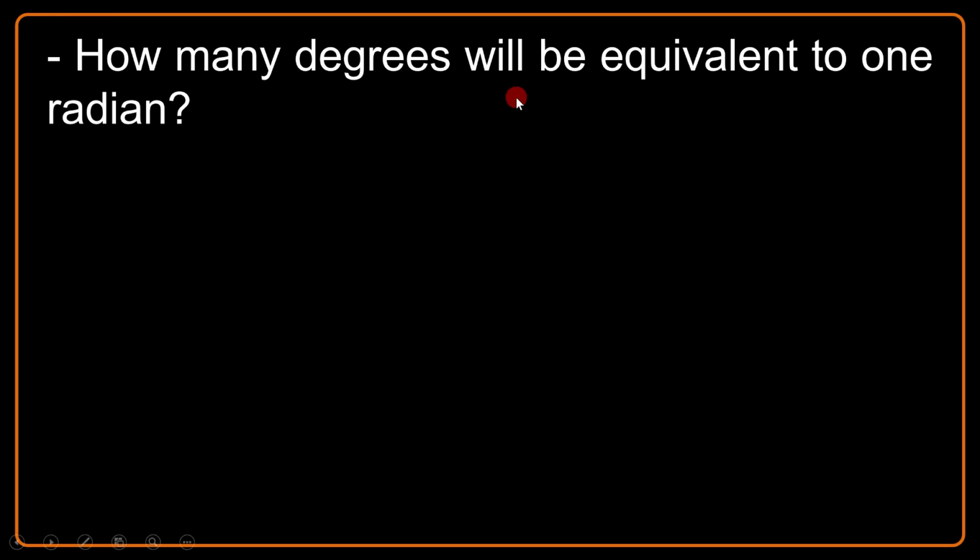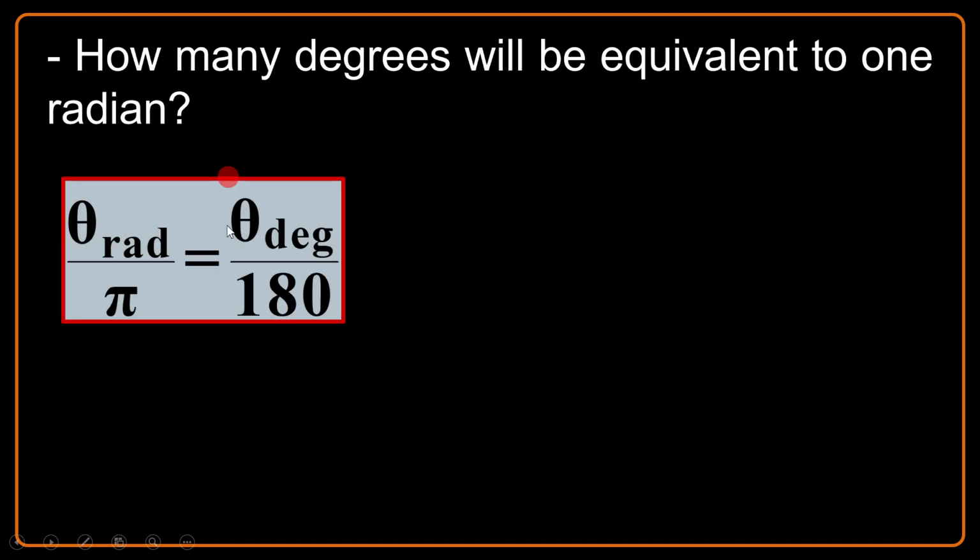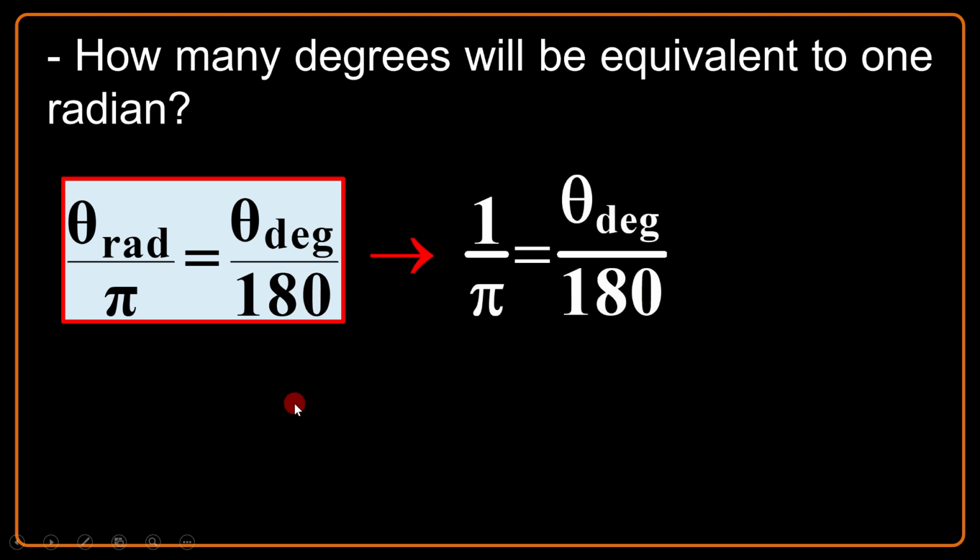Moreover, how many degrees will be equivalent to 1 radian? It's not that complicated. Let's use the proportionality we had. Theta in radians over pi equals theta in degrees over 180. Then I put 1 instead of theta in radians because we are going to find how much 1 radian is in degrees.